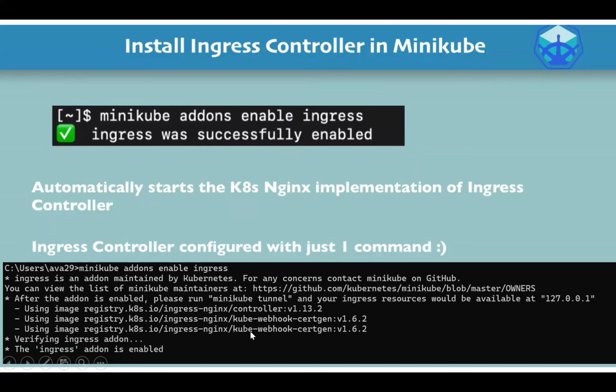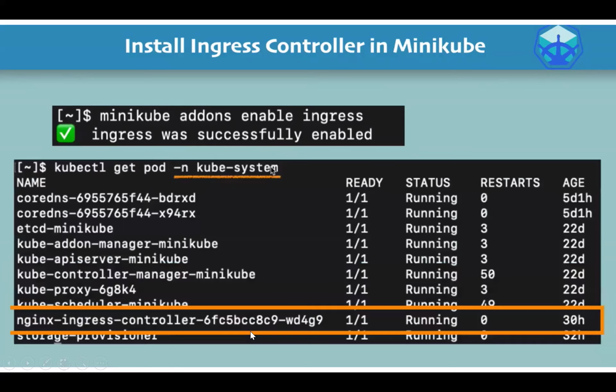Once you download it, you can get a new pod with the name Nginx Ingress controller. I will show you later in the class. It is under the kube-system namespace.